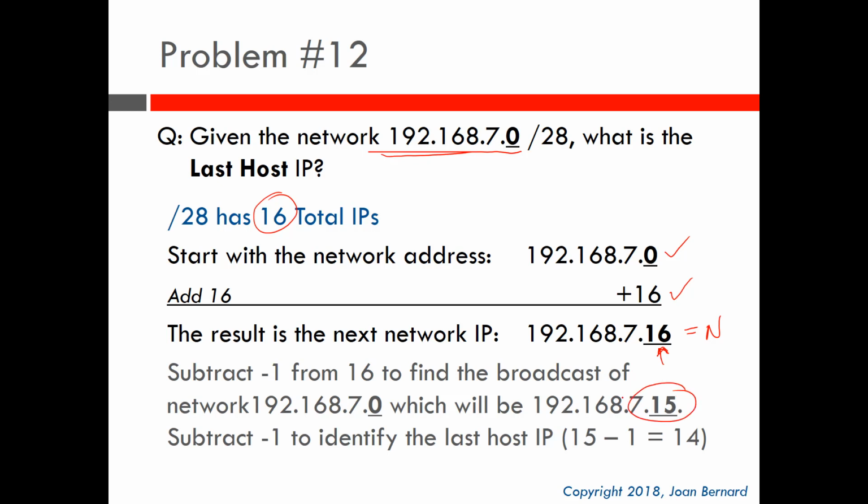So that gives me the broadcast of my network 192.168.7.0. Now that I have my broadcast, I could just subtract 1 from my broadcast, and that identifies my last host. So my last host would actually be .14.